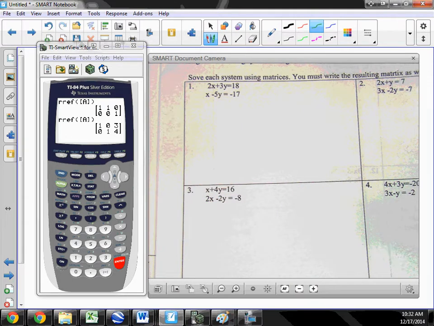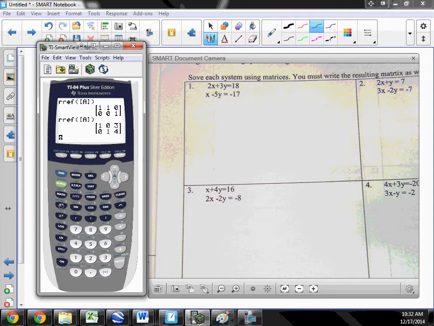All right, so for number 3, go into Edit, type in those numbers. Then exit out, look up your RREF.